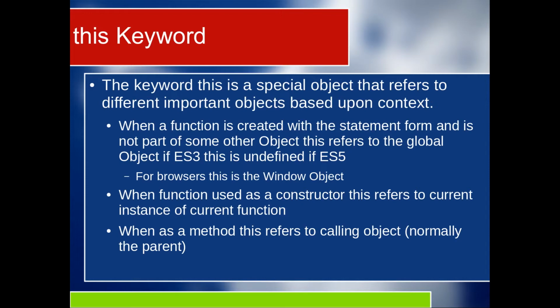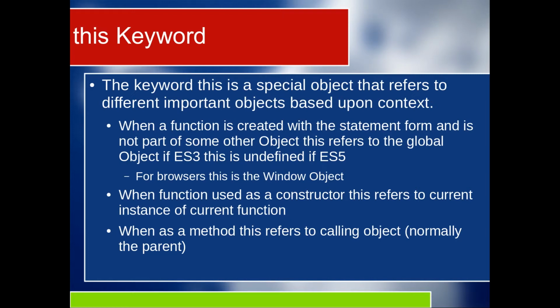A lot of people thought that was bad, including myself. So in ES5, the this, in this particular situation, is undefined. Now, if you have ES3 and you do want to use this, and I strongly suggest you don't, the global object on browsers is the window object.